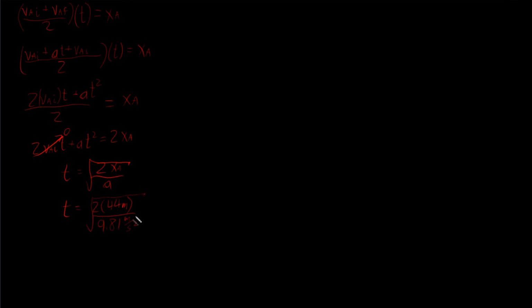Take the square root of all of that, and we can see that the units work out. The meters and meters cancel out, and we have seconds squared on top. Square root of seconds squared is just seconds. So the time is equal to 2.995 seconds.